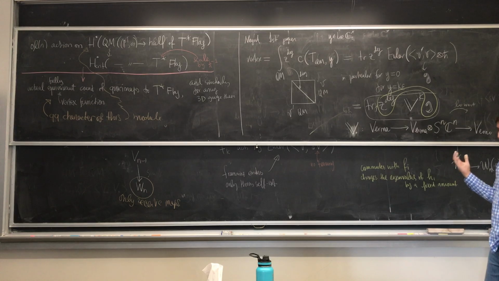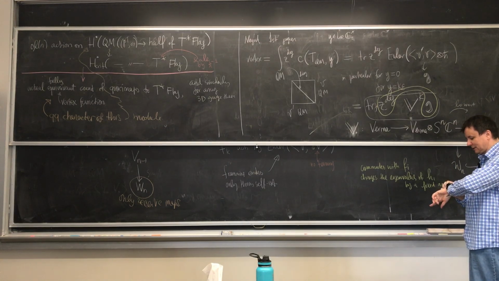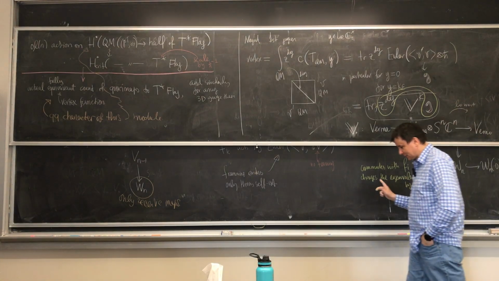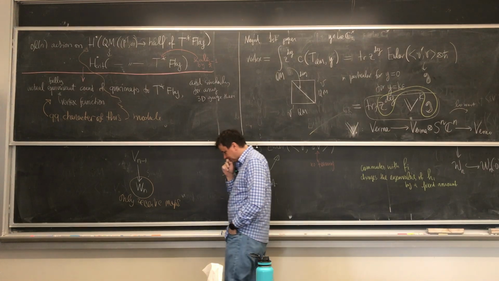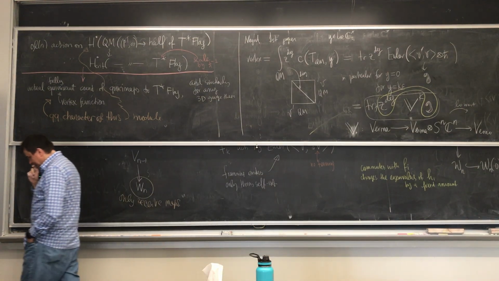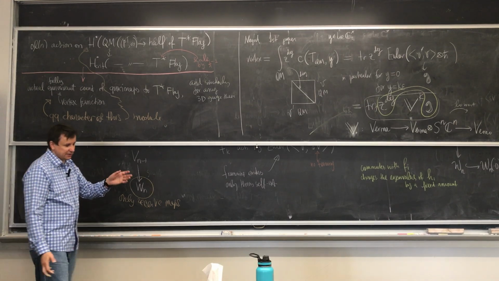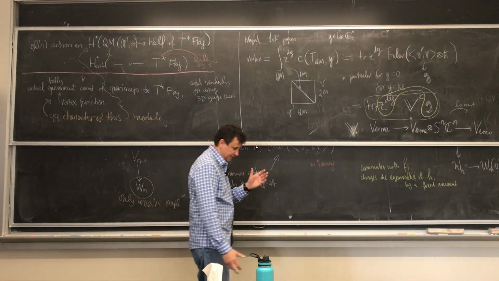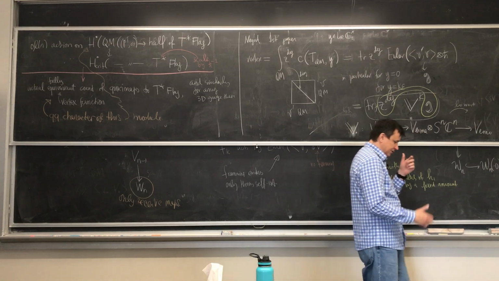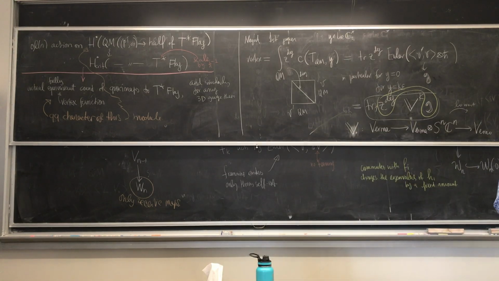What I'm trying to say here is that when we studied this vertex function, we wrote down two different equations for it, and these two equations have the shape of the dynamical Weyl group.